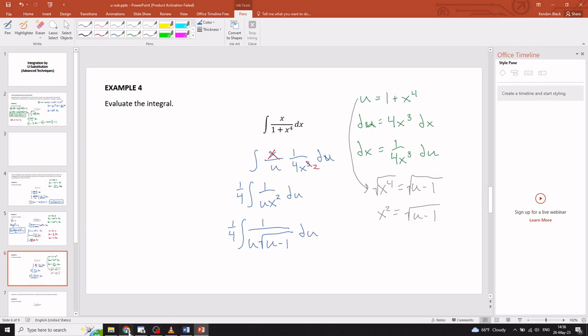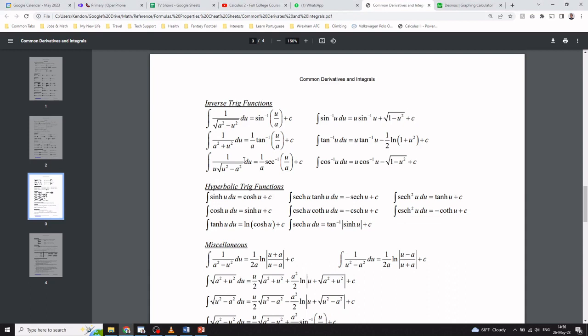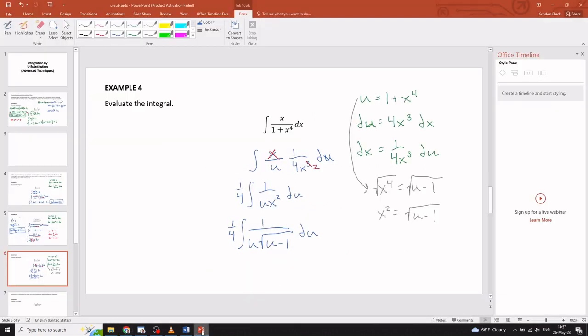You don't have to memorize this completely, but if you're familiar with it, you'll realize there's something in the integration table that looks like this: 1 over a squared plus u squared. So let's see if we can combine those two things and pick a better u. I'm going to go ahead and erase all of this.